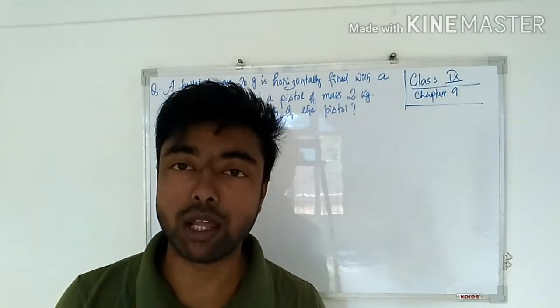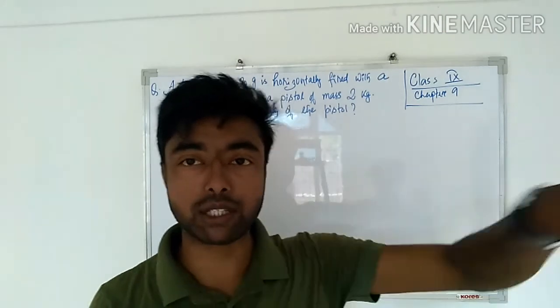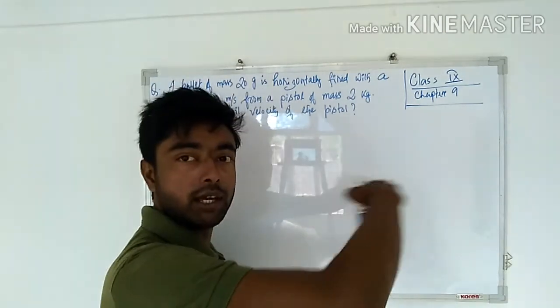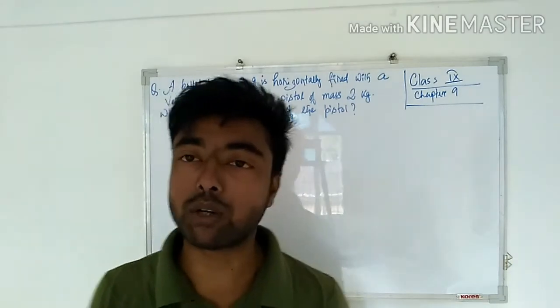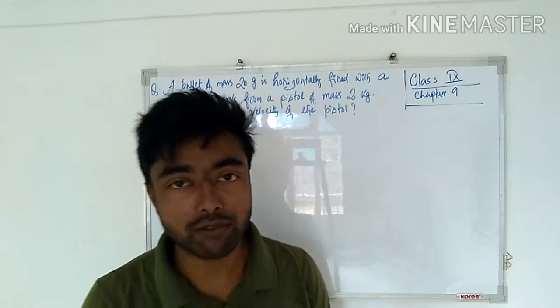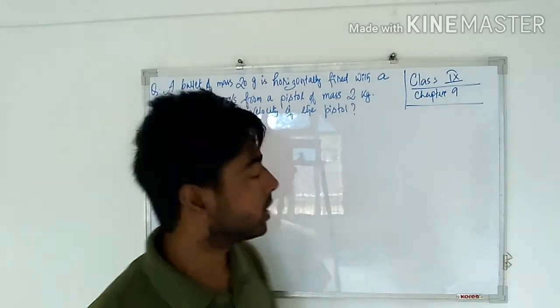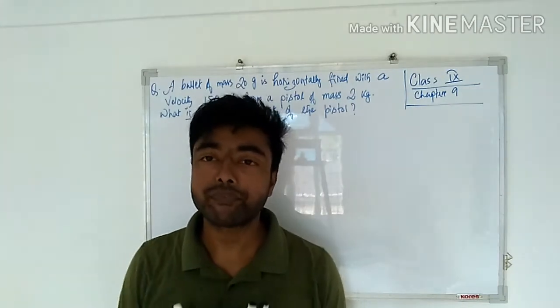You have a pistol, and from that pistol one bullet is coming out. When it is fired horizontally, the bullet comes with a speed of 150 meter per second, and the mass of the pistol is 2 kilogram. What is the recoil velocity of the pistol?